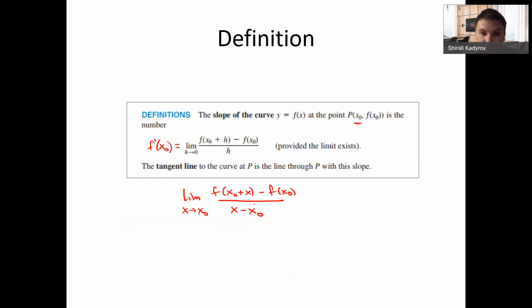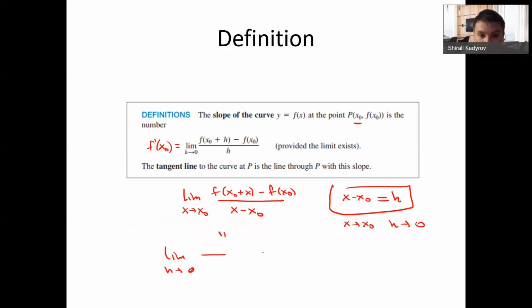So you can simply do the substitution. If you let x minus x0 equal to h, then when x goes to x0, your h goes to 0. So this limit is equal to, with this new change of variable, h goes to 0.